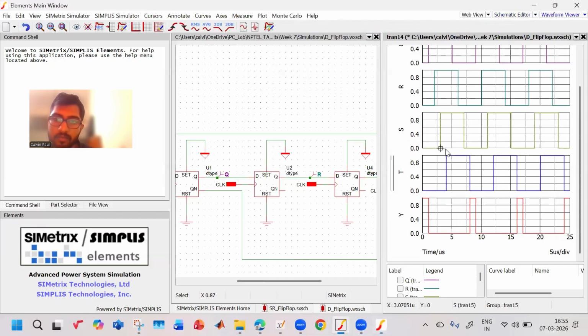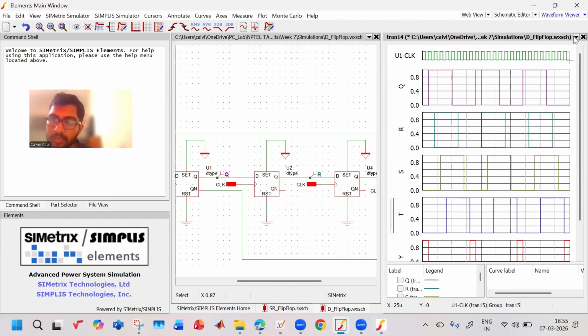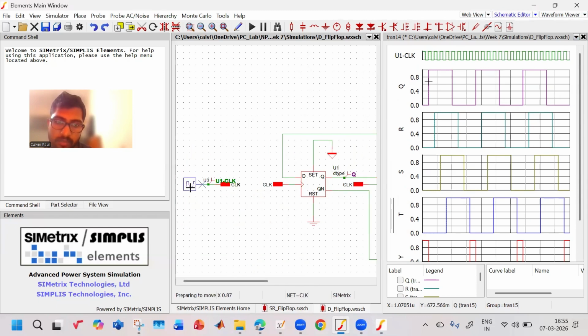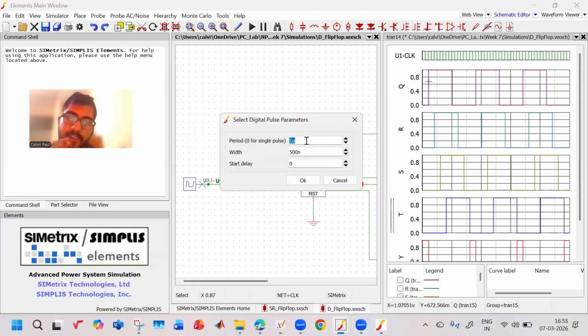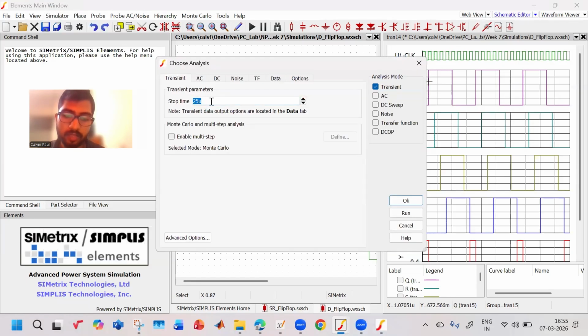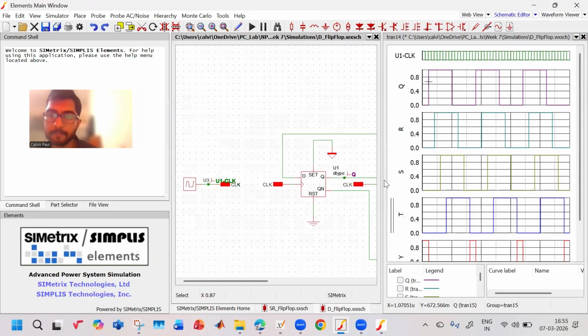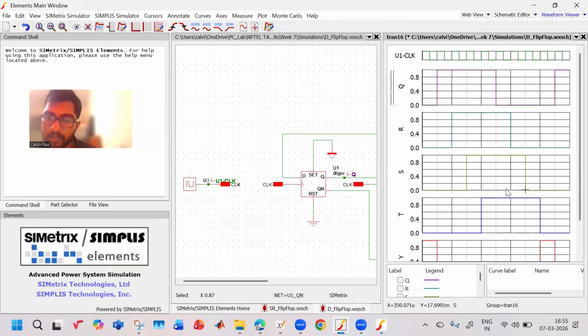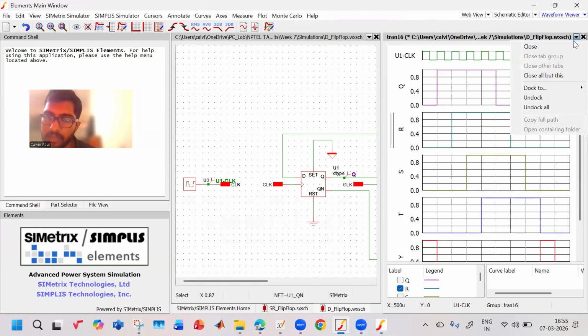Just run it now. Let us make it 50 micro, then 25 micro. Simulator choose analysis. Make it 500 micro. Let's run it now. This is what we had seen.